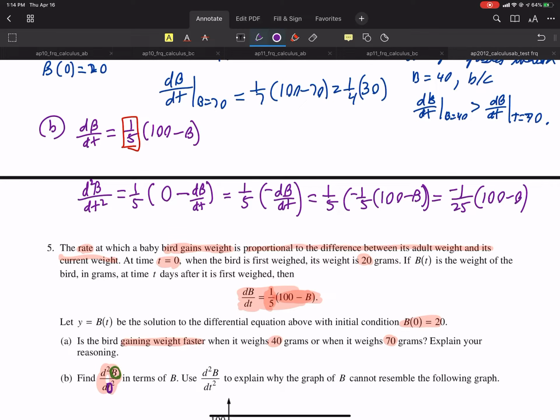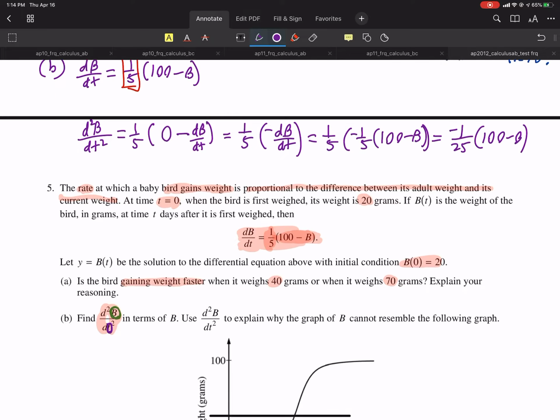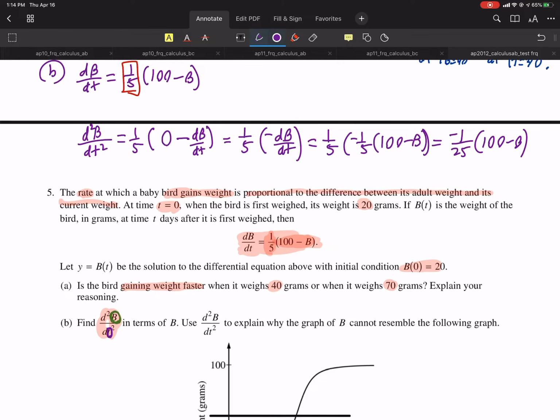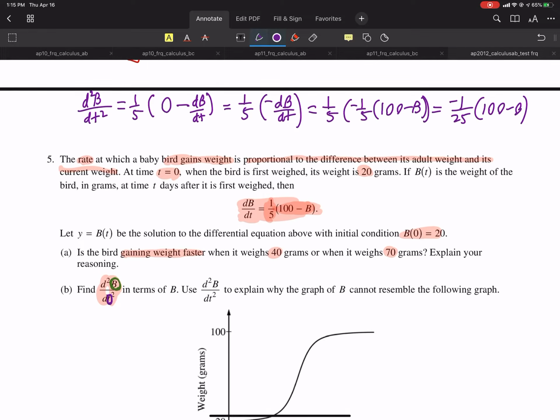So that's the second derivative of b with respect to t. But we're not finished. Remember, reread the question. It says use the second derivative of b with respect to t to explain why the graph of b below cannot be the graph of b, the actual graph of b.